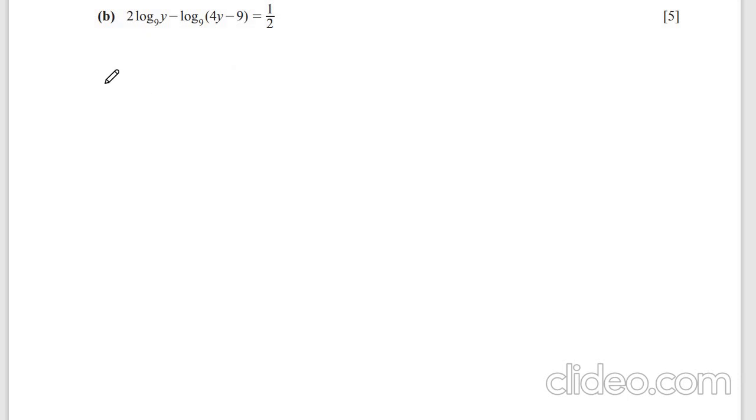Now this expression, so if you remember the rules for log, when there's a difference, it becomes a division. So first of all, let's take y squared, and then we divide, and that equals half.